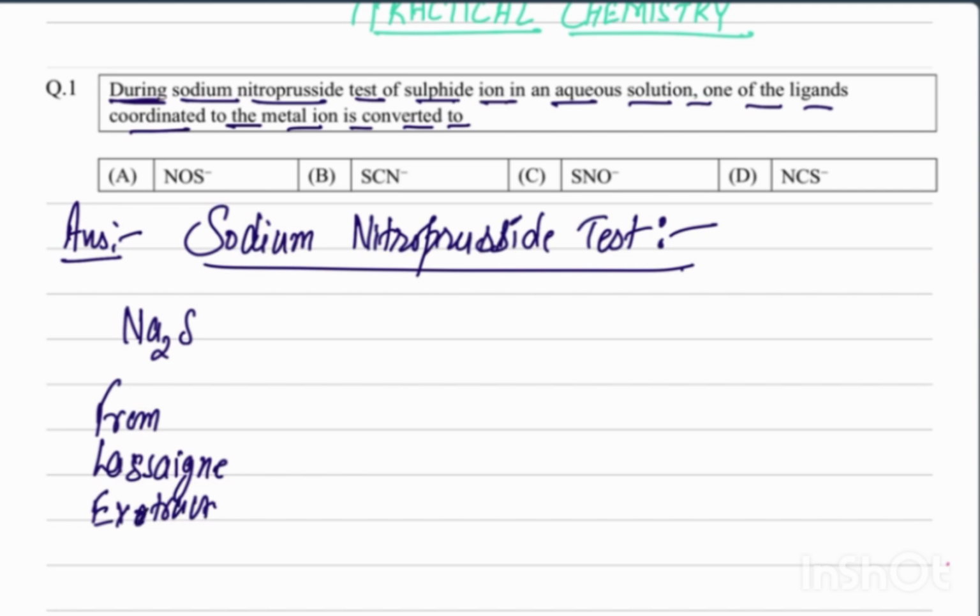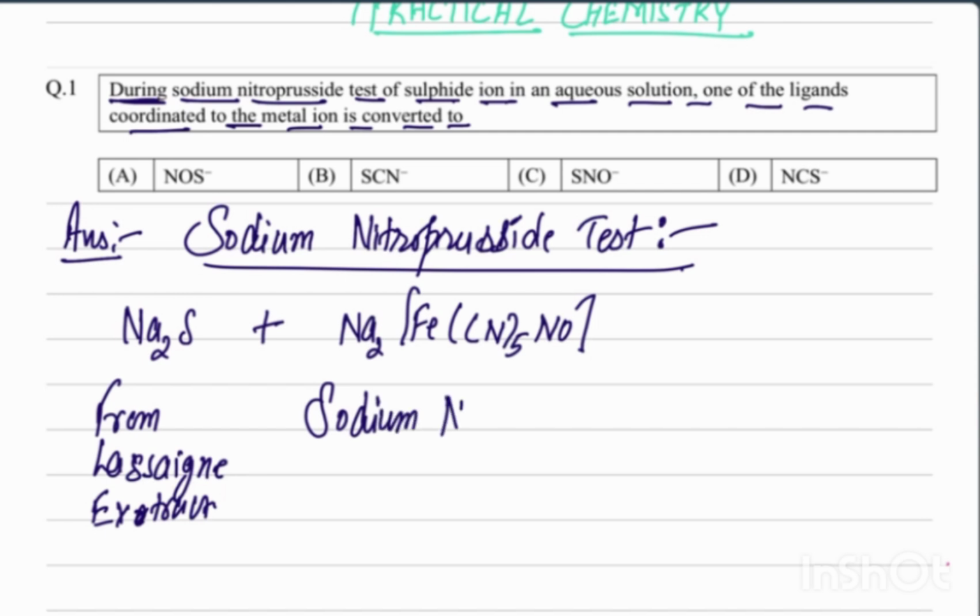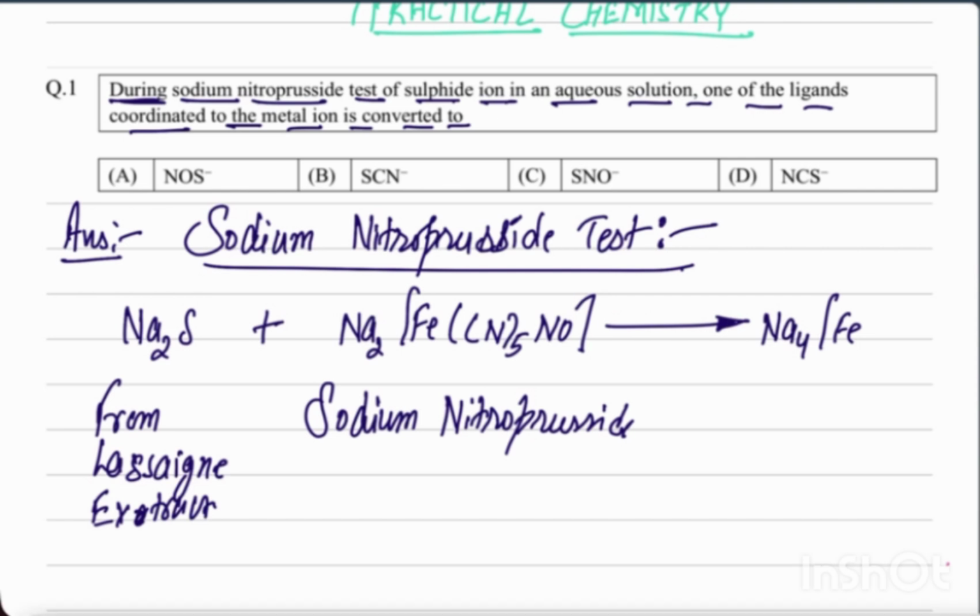From the Lassaigne's extract, this Na2S reacts with sodium nitroprusside, which is Na2[Fe(CN)5NO]. It is known as sodium nitroprusside, and this sodium nitroprusside reacts with sodium sulfide to give Na4[Fe(CN)5NOS].